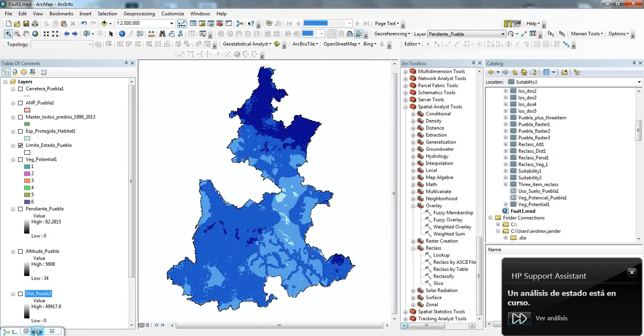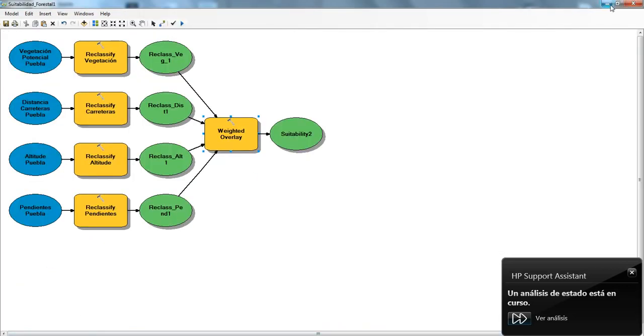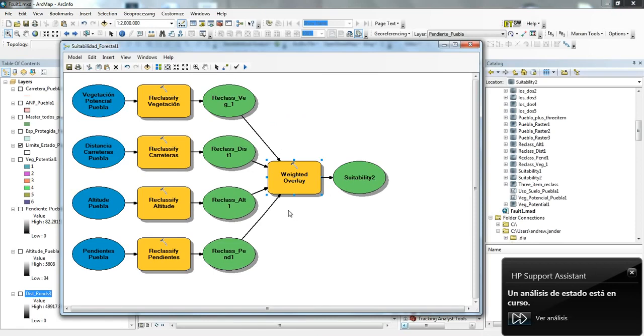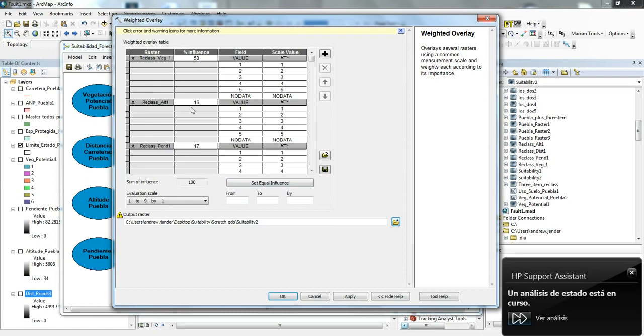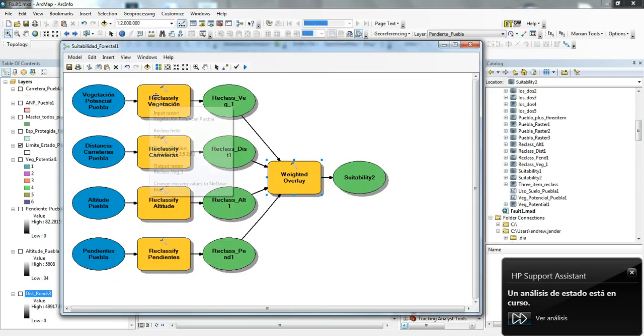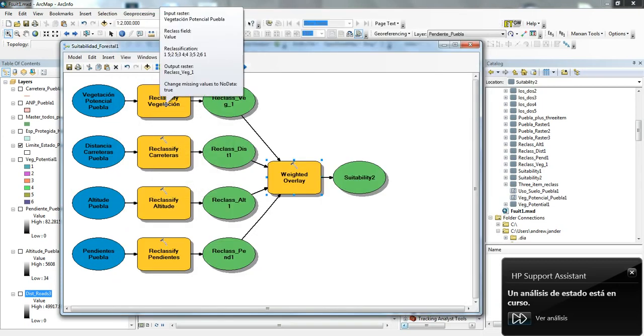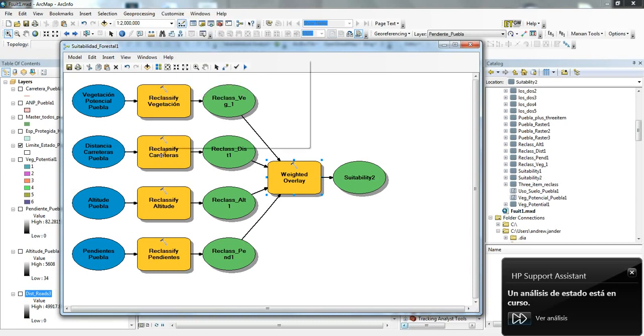And so we can play around inside this, the weighted overlay tool. We can play around with changing around some of the percent influences. And we can also change within the reclassification. We can go in and change the different values.